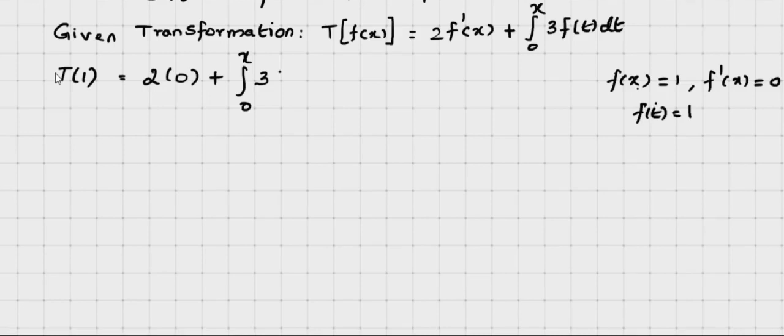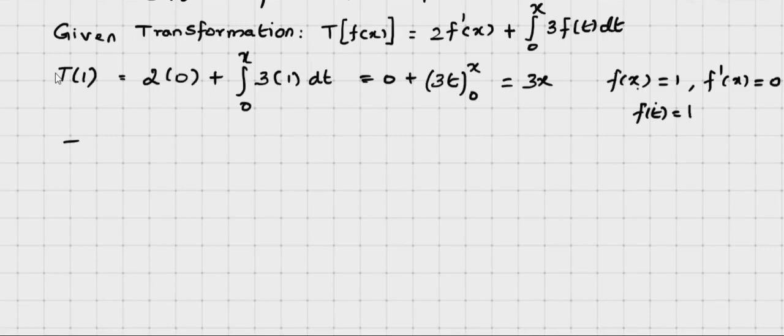So, 3 into 1 dt. The next thing is we are going to simplify this expression. So, 0 plus 3 into dt, the integral of that will be 3t. The limit varies from 0 to x. After applying the limit, you will get this result 3x. So, I am having T of 1 equals 3x.